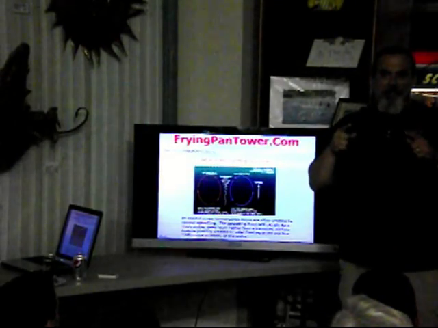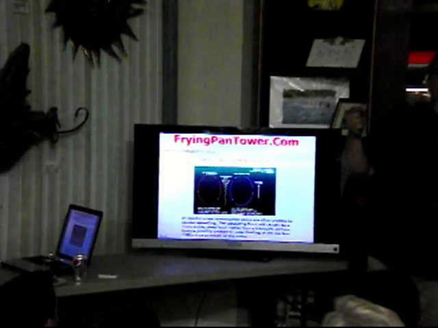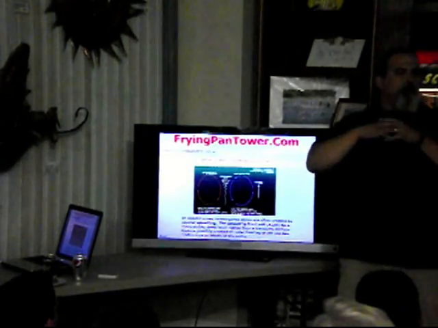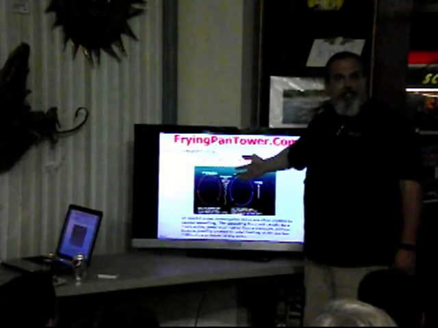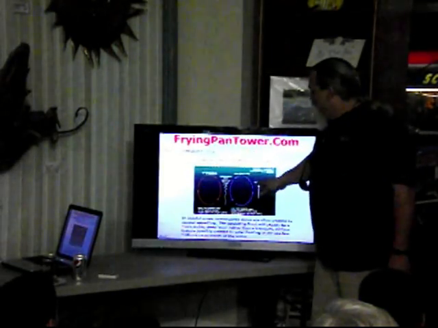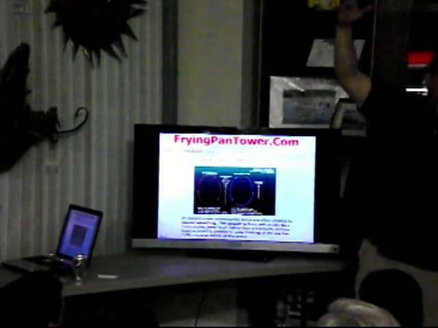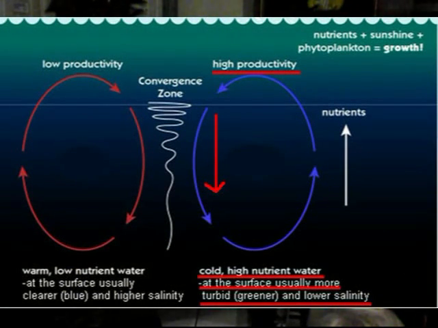So we've got an upwelling, dragging the nutrients up from the bottom, and as it comes up, we get the plankton and the zooplankton and the phytoplankton and all of that stuff, and all the water that's there now gets pushed down. That's what this big circle is. Generally, this is going to be greener water, and it's going to have lower salinity.